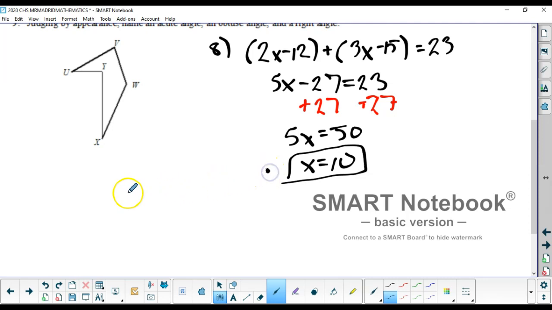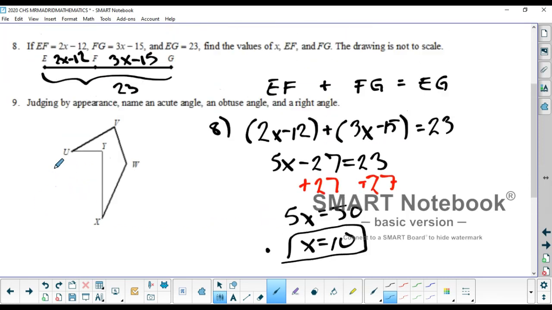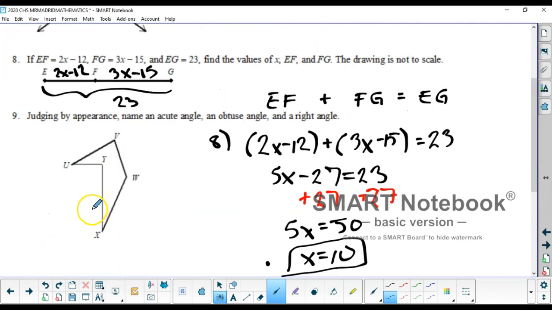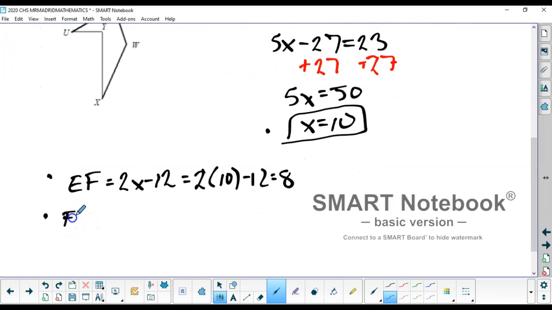Right, there's this part, and this part is EF, which is 8, and they wanted FG, which is 15.